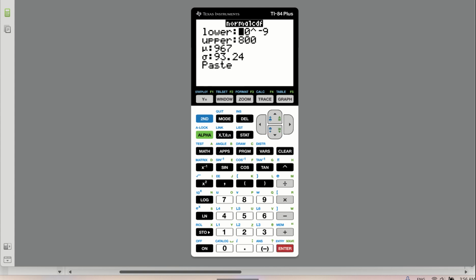So we want the lower to be negative 10 to the 9th power, the upper is 0, the mean is 1.5, and the standard deviation was 2.92.